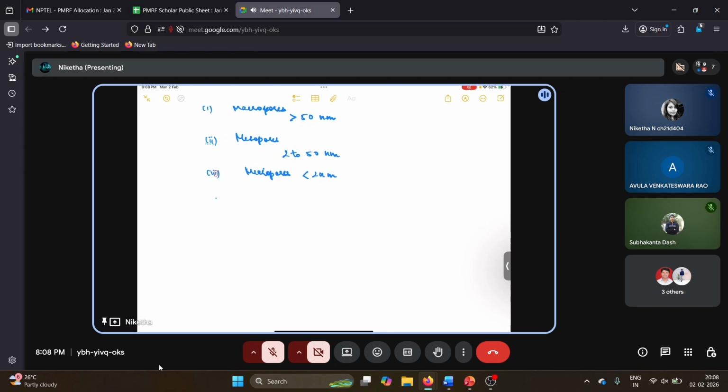Then we have different types of activated carbon. The first type is granulated activated carbon, and the second one is powdered activated carbon. The difference between these two is the size.